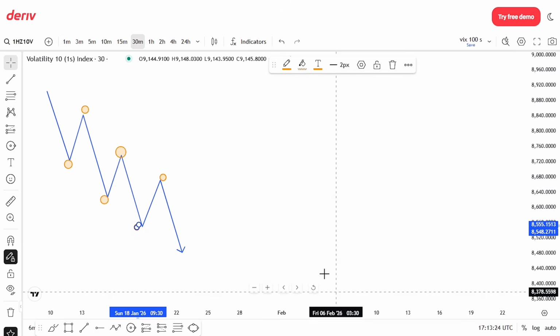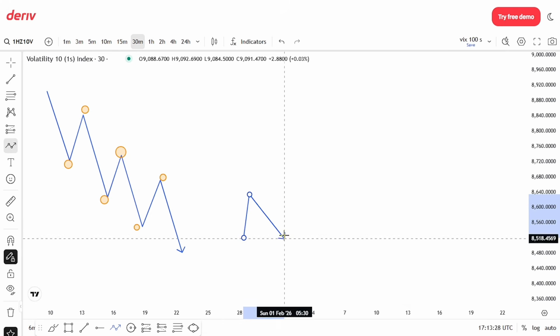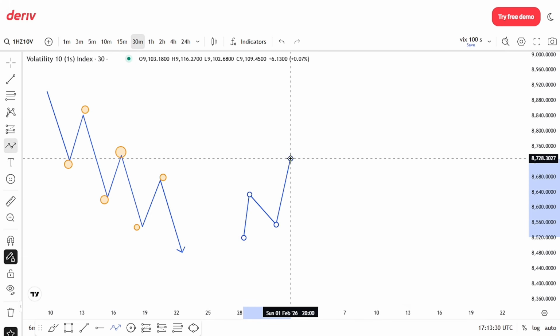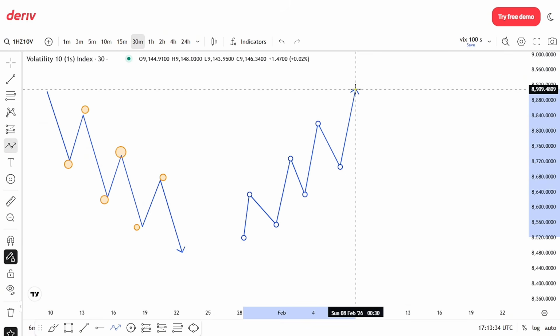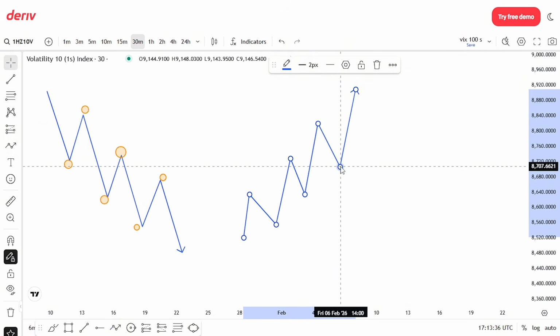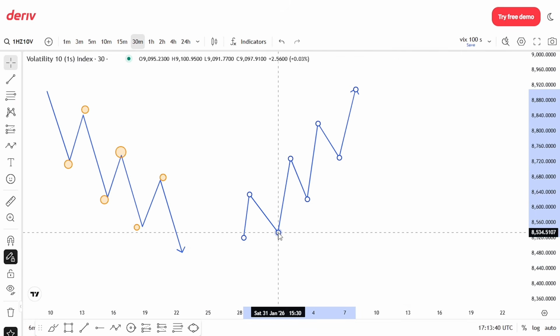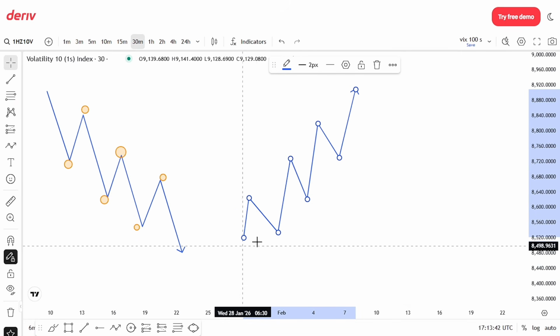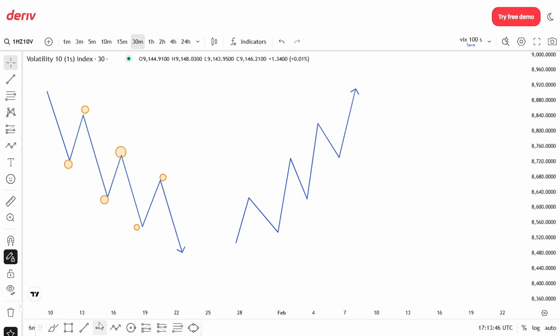And for a bullish market, you're actually looking at something like this. So this is for a bullish market. For a bullish market, you're talking of higher highs and higher lows.